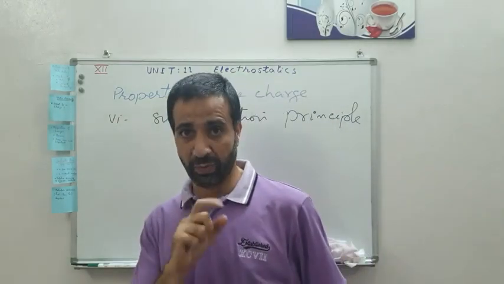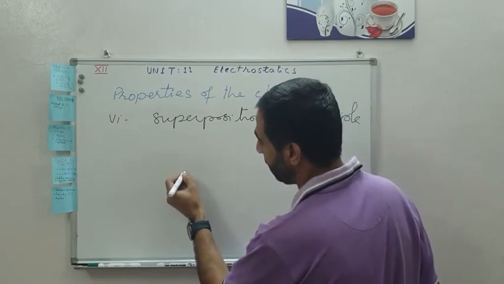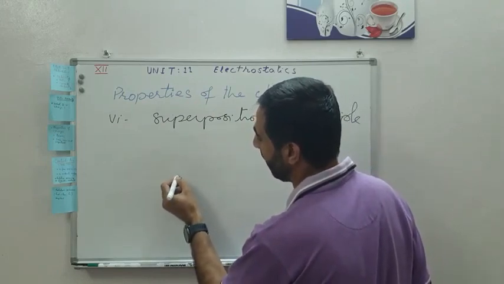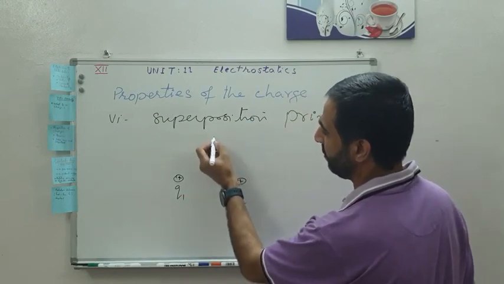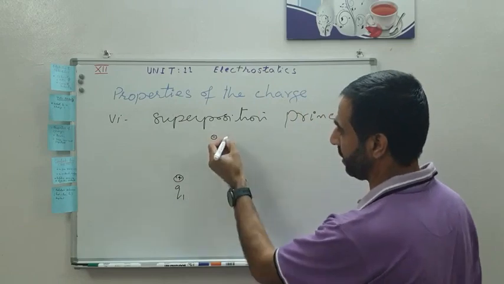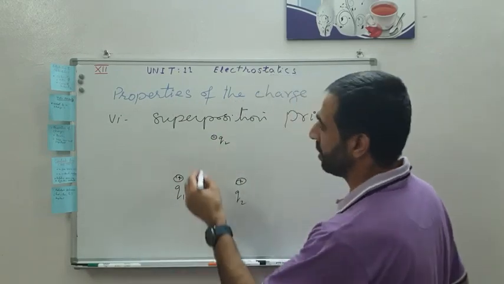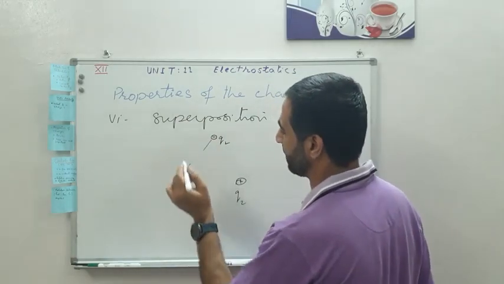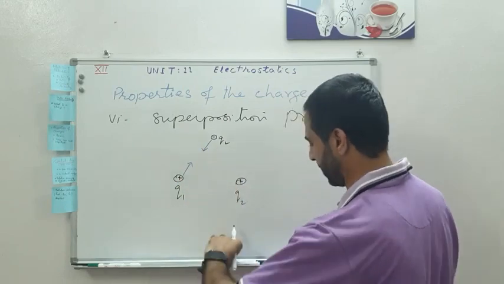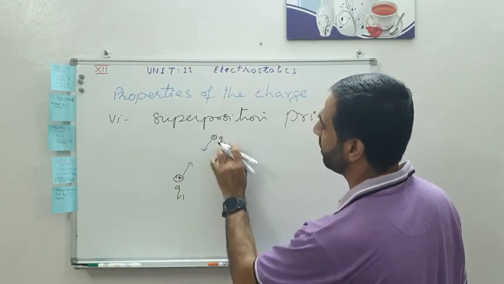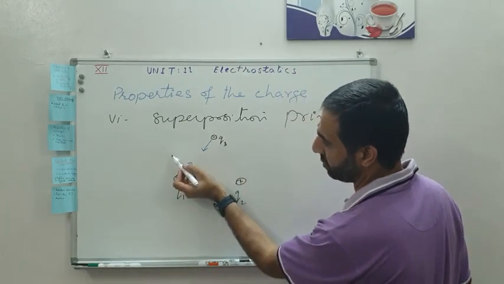Now, what is the superposition principle? It tells me that if we have three charges, for example, a positive charge Q1, another positive charge Q2, and a negative charge Q3, there must be an electrostatic force between them.